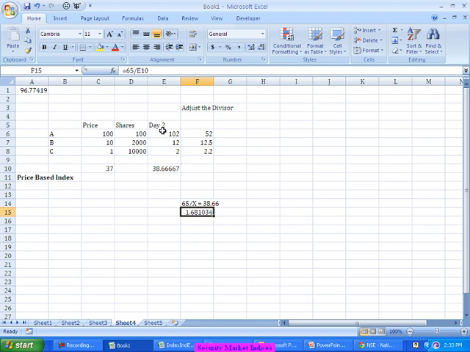So if I immediately split it, this would have become 51. 51 plus 12 plus 2 divided by something else should still be equal to 38.66. So by what it should be divided is what we are deciding here, which will equate both the values.